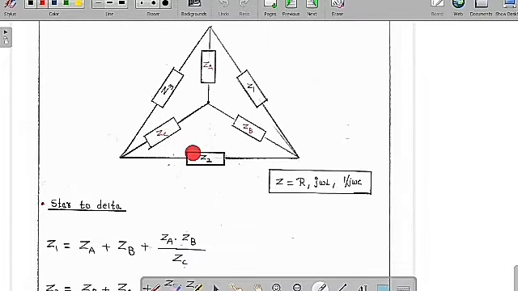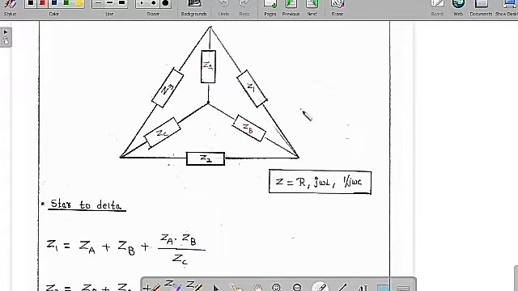Similarly, Z2 is equal to ZC plus ZB plus ZC into ZB by ZA. Similarly, Z3 is equal to ZA plus ZC plus ZA into ZC by ZB. So the simple format is: whatever elements this one is connected to, you add those values, plus the product of those elements divided by the remaining element. This is the way you convert a star network into a delta network.